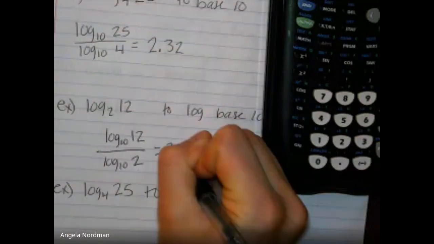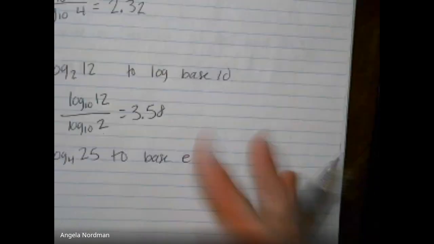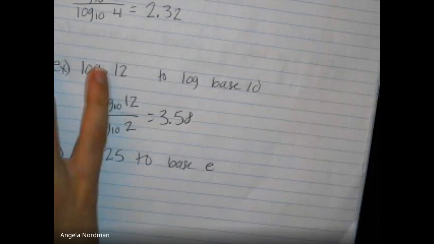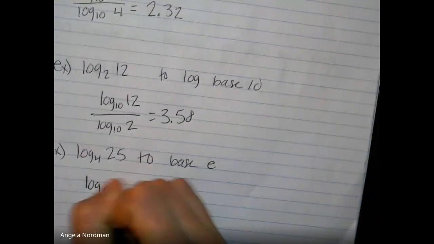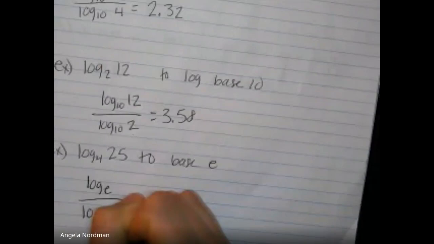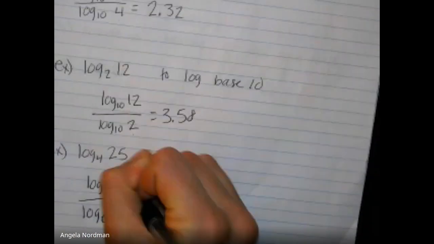So then what if I want to change it to E? It's the exact same kind of process. I will have log base E over log base E. Again, 25 coming right here and 4 going down below.